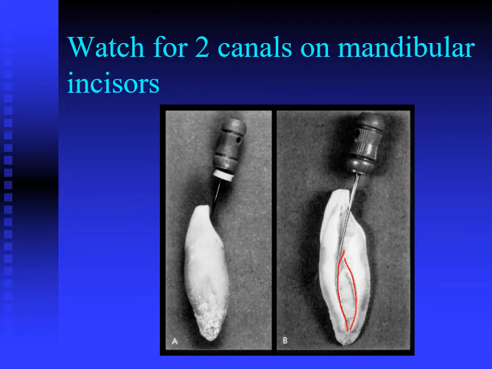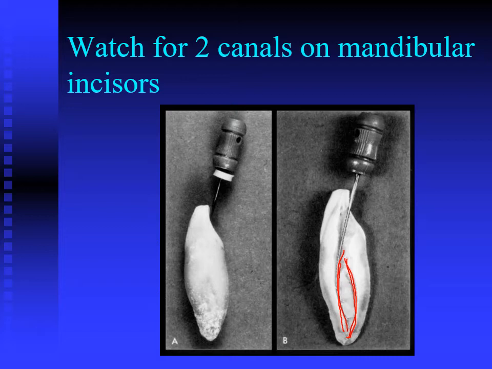This happens with enough frequency that I'm going to ask you, if you're ever doing a root canal on a lower incisor, to prove to yourself that this secondary canal is not there. The root canal will often split into a facial and a lingual canal in these incisors. And if you fail to recognize it, you will fail to remove the tissue and the patient will still be in quite a bit of pain. So keep that in mind.